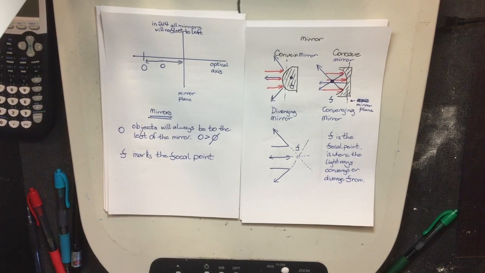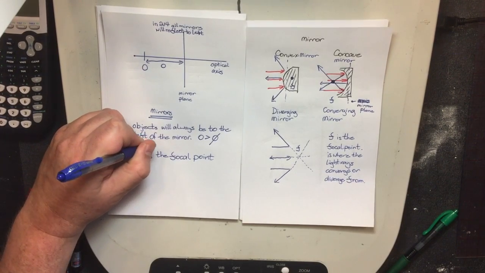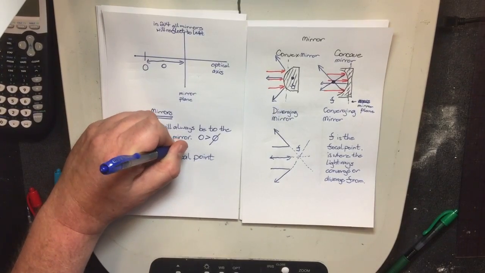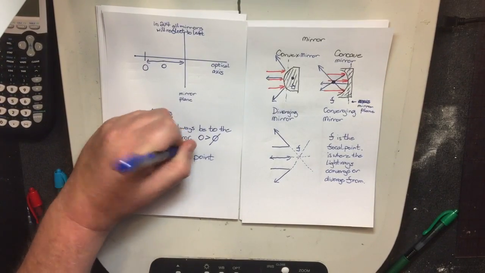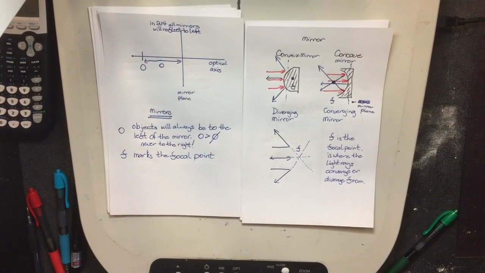Now, what if the object is to the right of the mirror? Well, it doesn't make any sense. It won't reflect. If you're behind a mirror, the mirror won't reflect you. So, F marks the focal point.